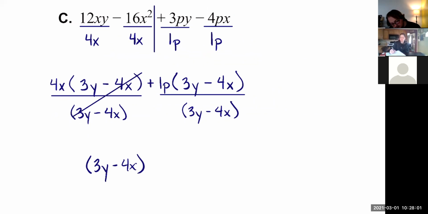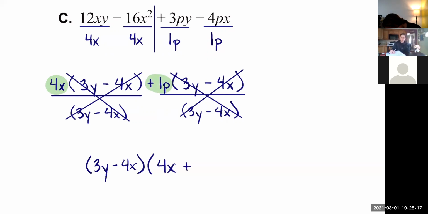And by divide, I really just mean remove it from the first half, remove it from the second half, and what's remaining produces my second binomial, 4x plus 1p.